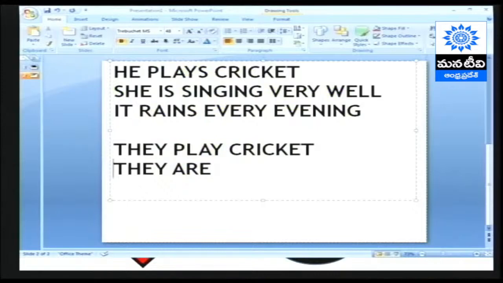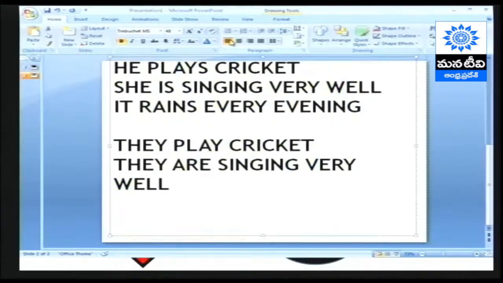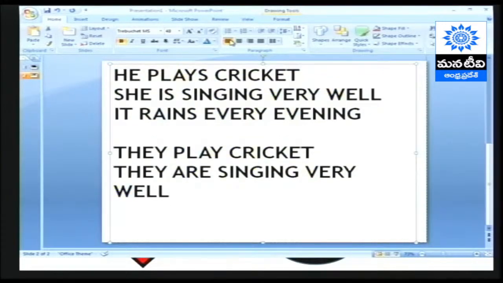Now that my subject is plural, I just say they are singing very well, because are is the plural form of is. It rains every day. Now there cannot be a situation in terms of climate for plurality, so we'll leave it at that.